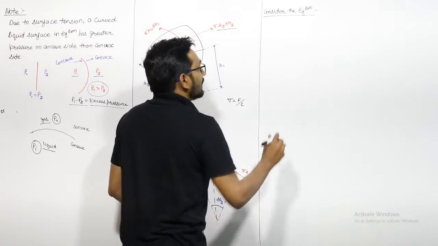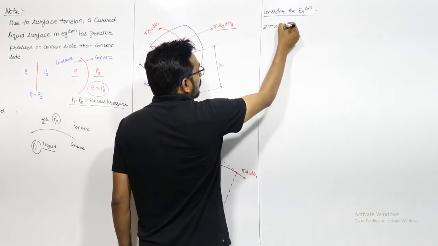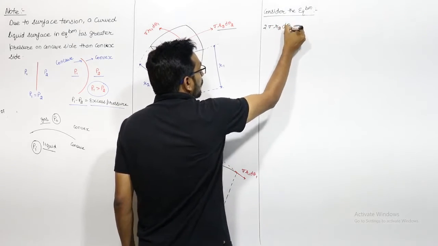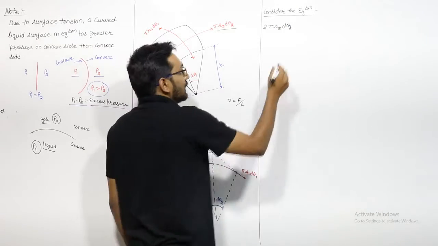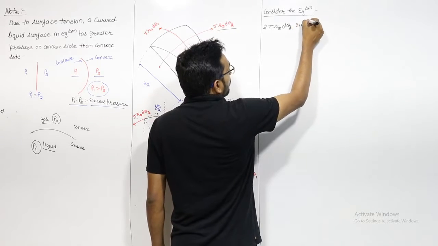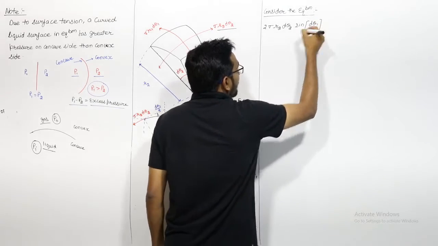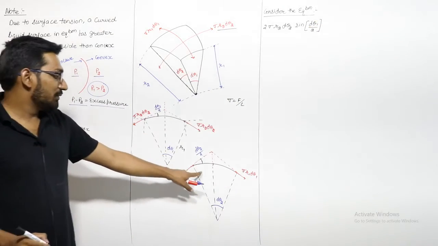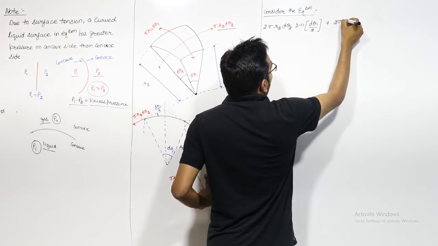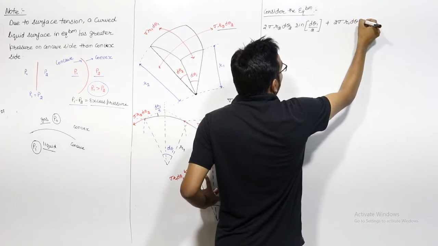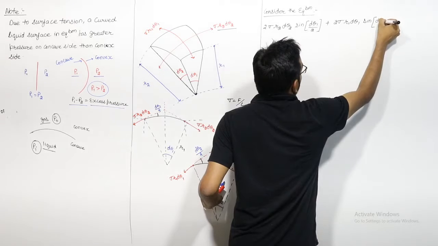So this will be equal to 2 times sigma r2 d theta 2 into sine of d theta 1 by 2. This is the force from this, plus the force from this, which will be 2 sigma r1 d theta 1 into sine of d theta 2 by 2.